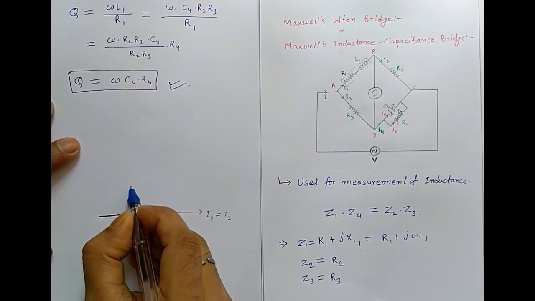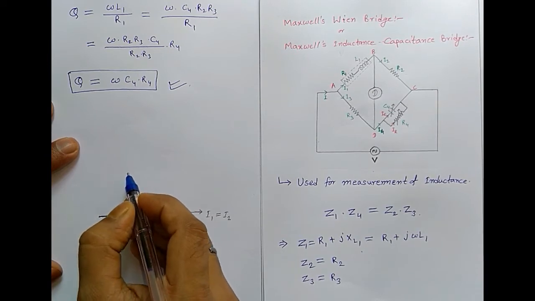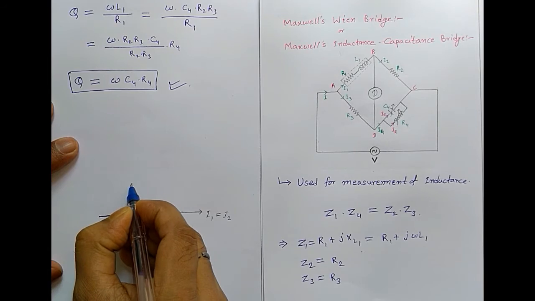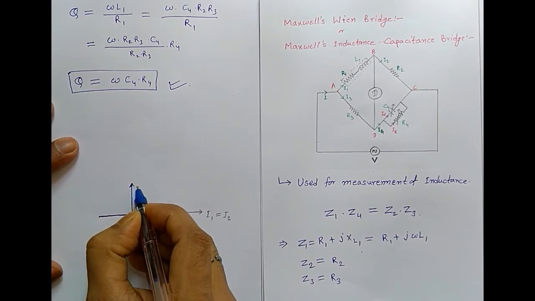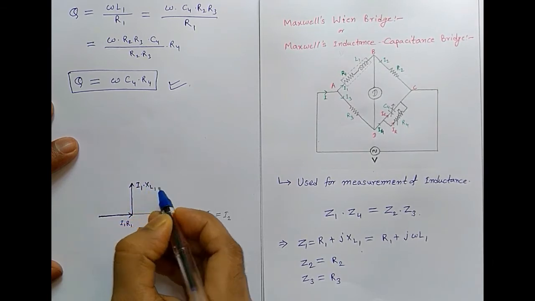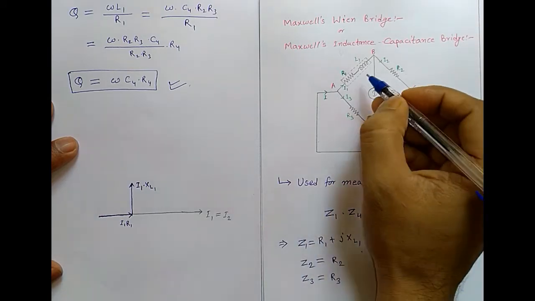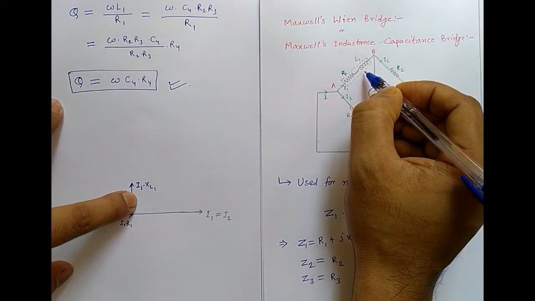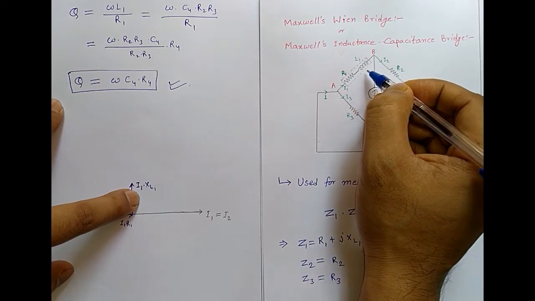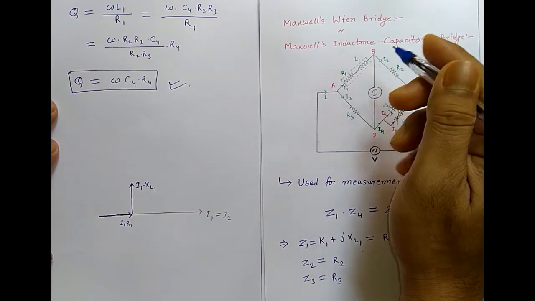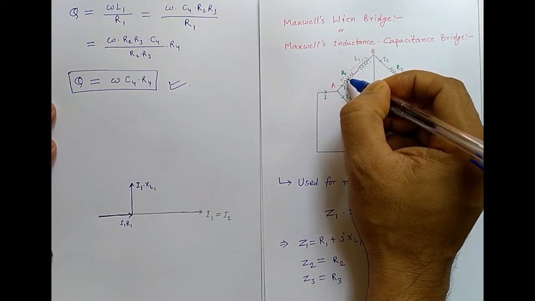So let us assume that this is I1 into XL1, or I1 into omega L1.